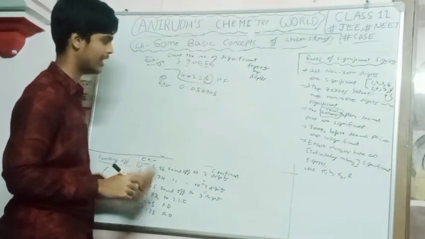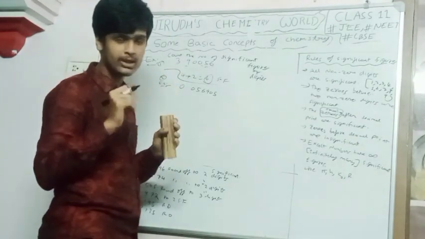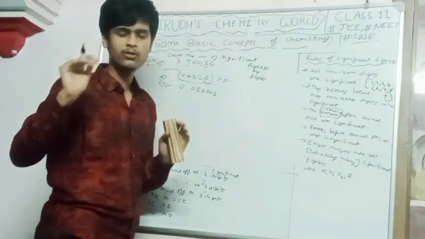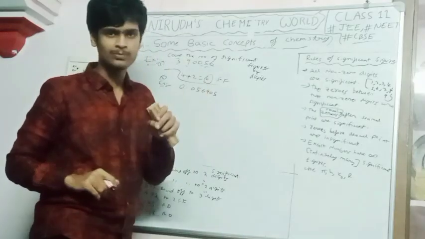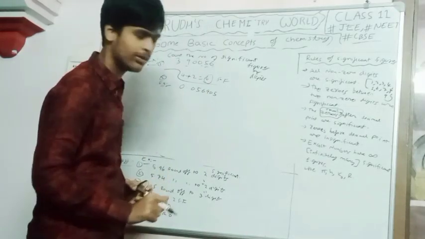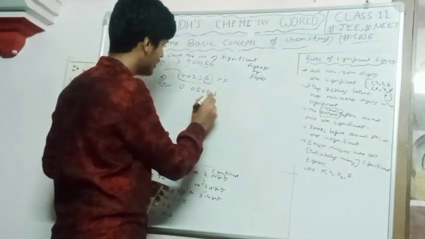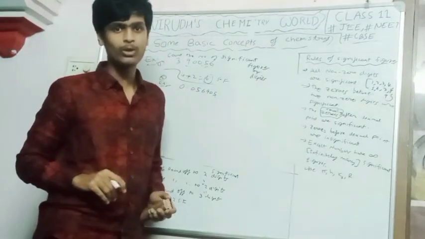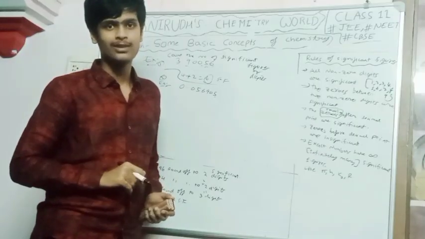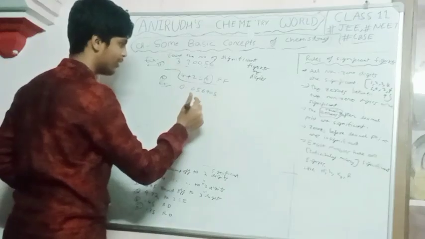In this, first of all, if any number is given, you count the total number of non-zero digits first. So if it is an MCQ, you can directly eliminate one option. If you have non-zero digits more than the significant figures in the MCQ value, you can eliminate that. I'll also tell you that.